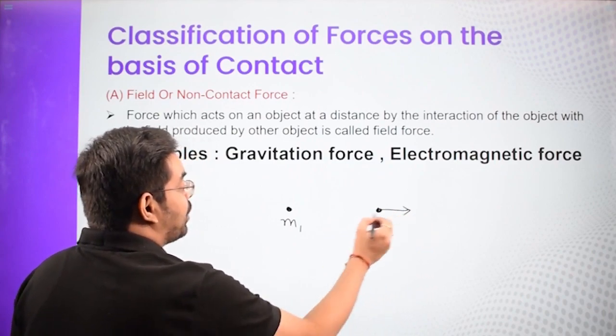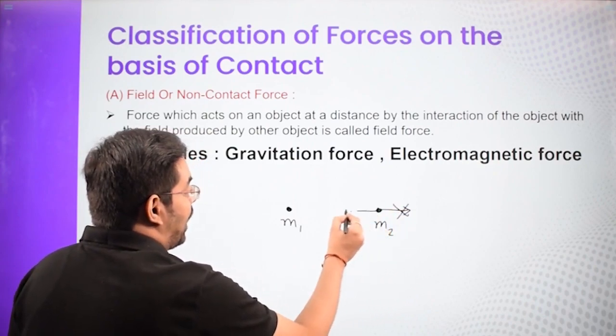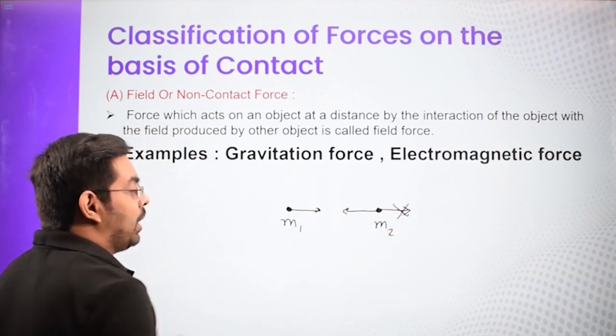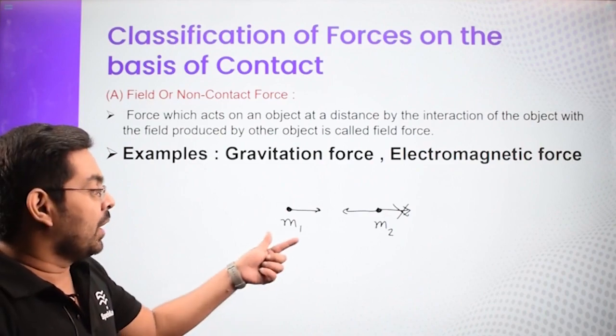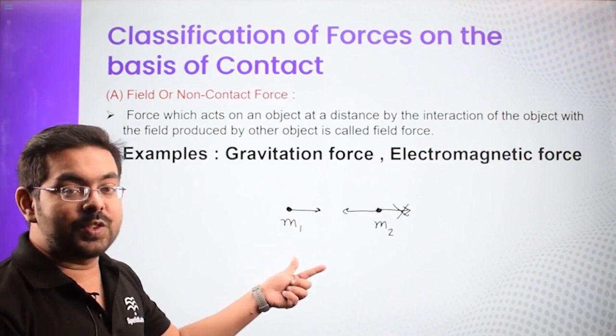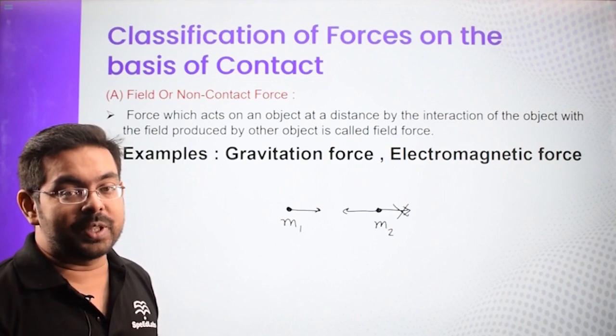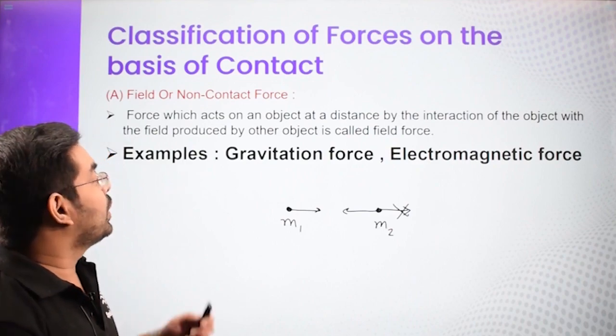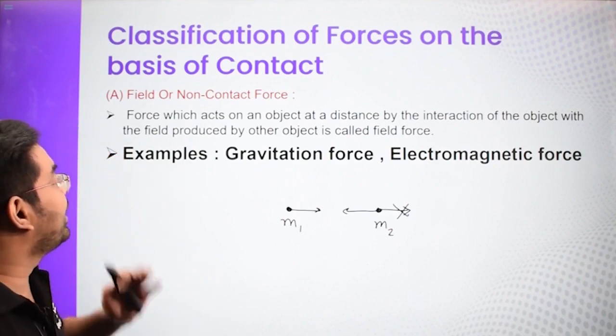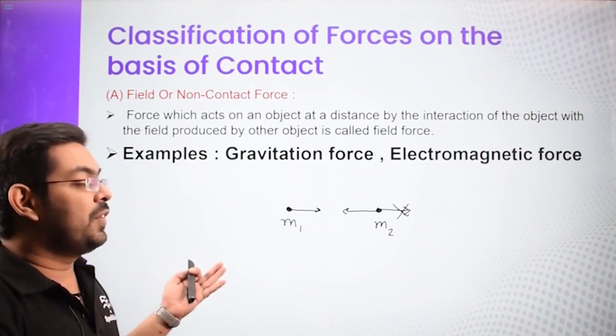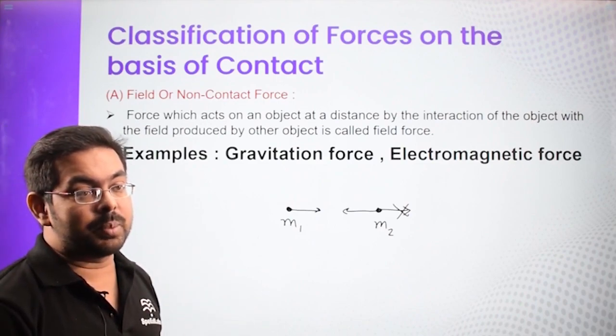Here, repulsion does not happen, only attraction is there, and this attraction arises without any actual contact between these two particles. So all such forces are called field forces. In them, because of the field, a force acts on the other particle.